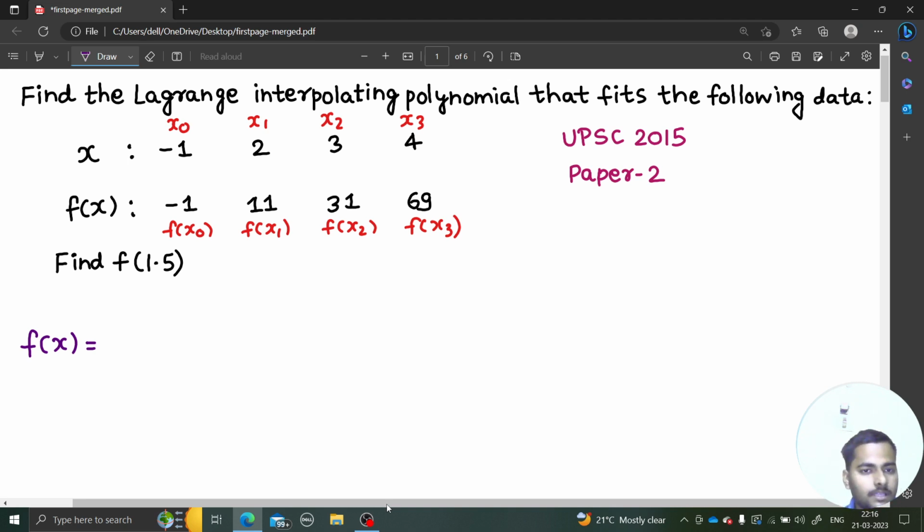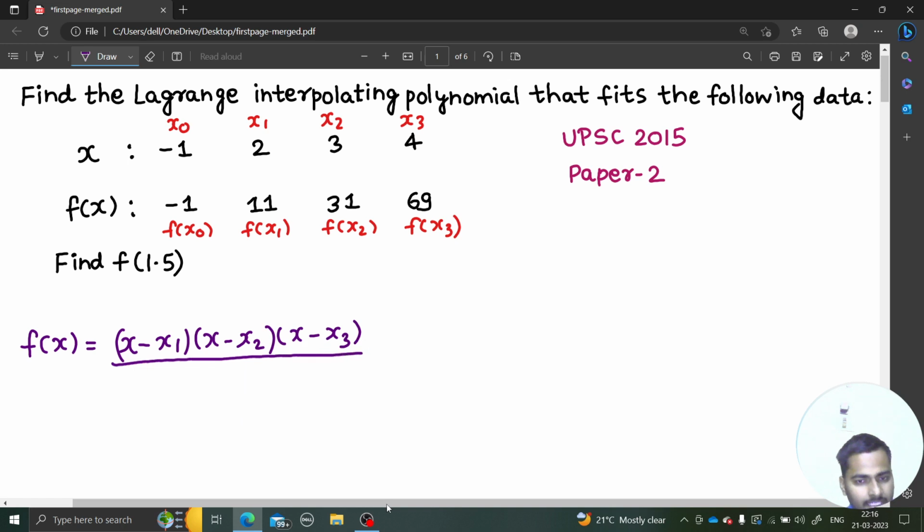From x, except for x0, take every term and subtract it from x. So x minus x1 will come, x minus x2 will come, x minus x3 will come, but x minus x0 will not come.